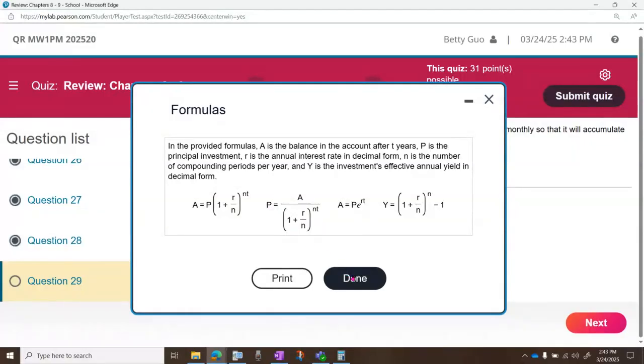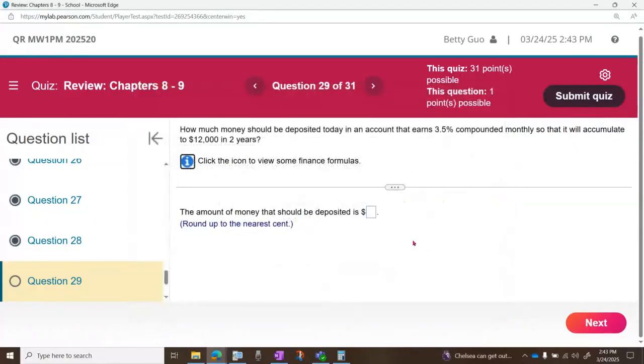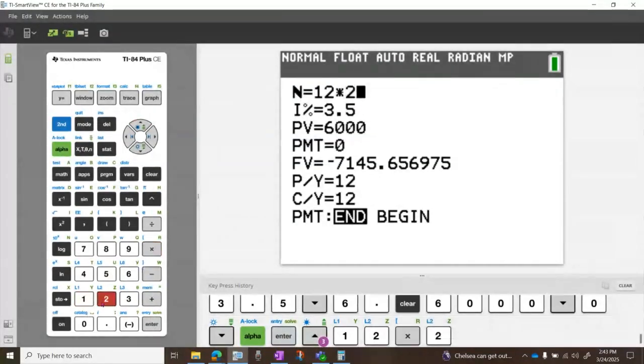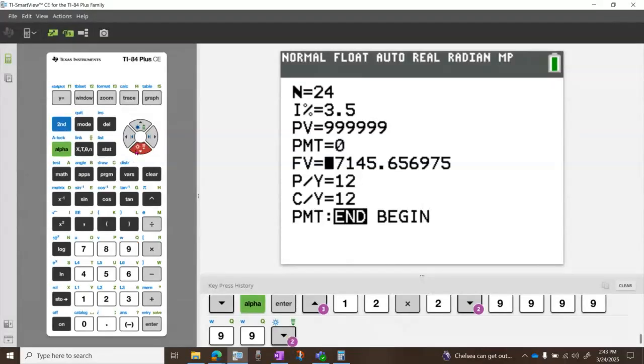You are looking for the original principal, or we can use the TI-84 calculator, right? By month. So in 2 years, 12 times a year times 2. I think it's 3.5 also. Present value is what we're trying to figure out.